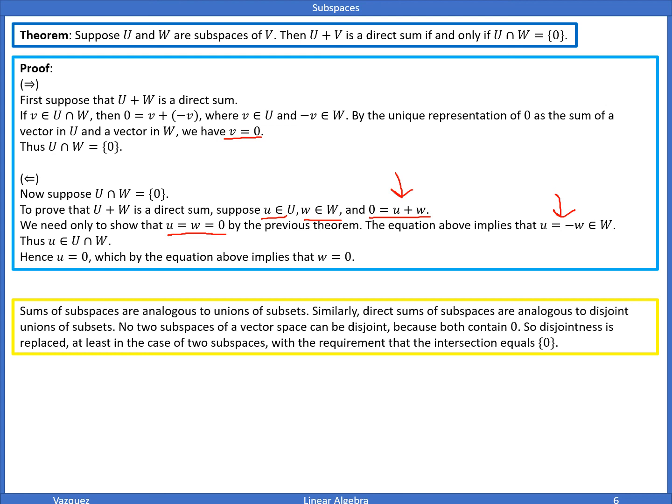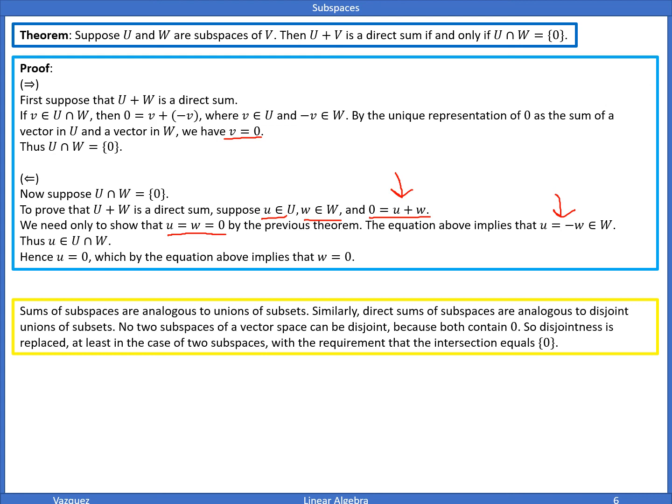And the last thing I want to mention, I don't think I included it in a box, is that when asking about a possible direct sum with more than two subspaces, it's not enough to check that each pair of the subspaces intersect only at 0.